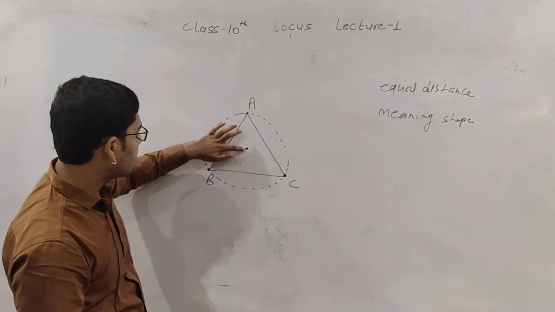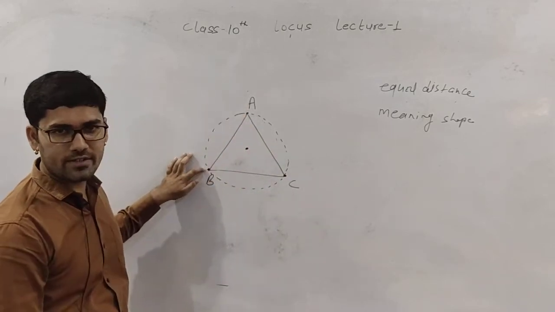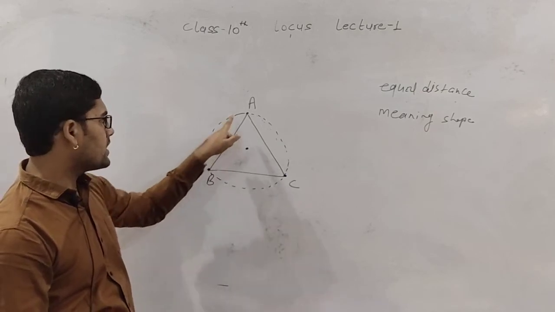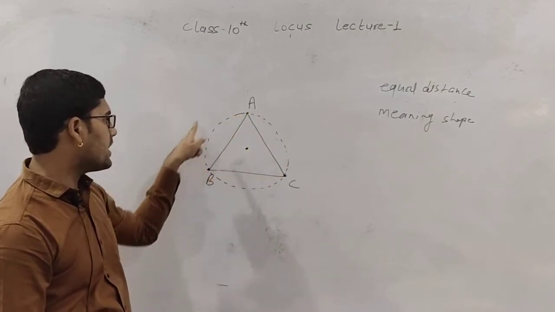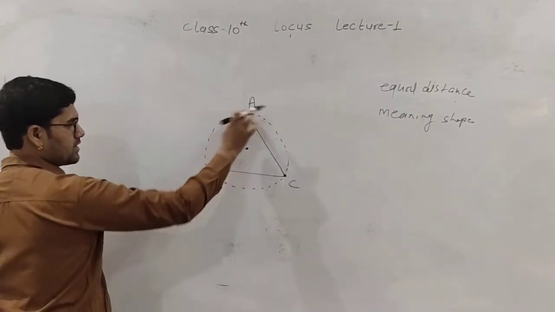If I round it, I can obtain a circle which touches all the vertices.